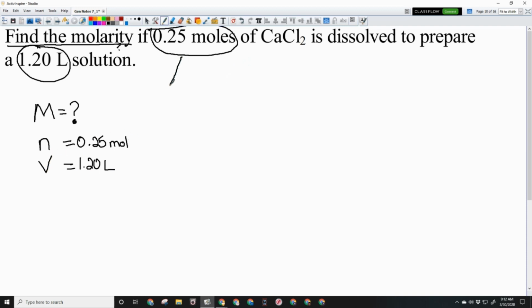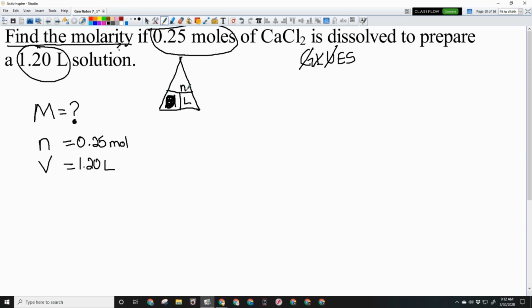All right, so here's my density triangle. The next step is GLUES. We circled our givens, we listed them out, we underlined what we're looking for. Now we get our equation. If we use the triangle, M, n, and L, or V. V is volume, in the unit of liters. Sometimes I'll write a V here, sometimes an L, most of the time an L. We're looking for molarity, so I'm going to cover that up.